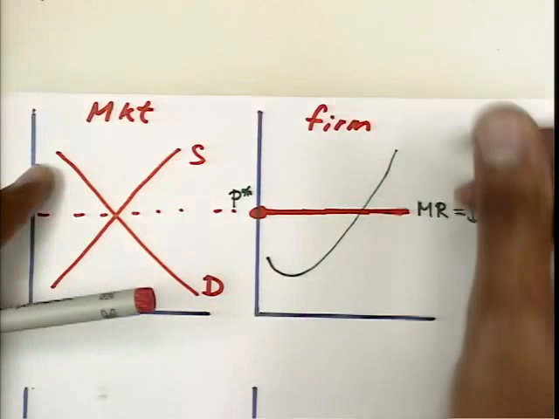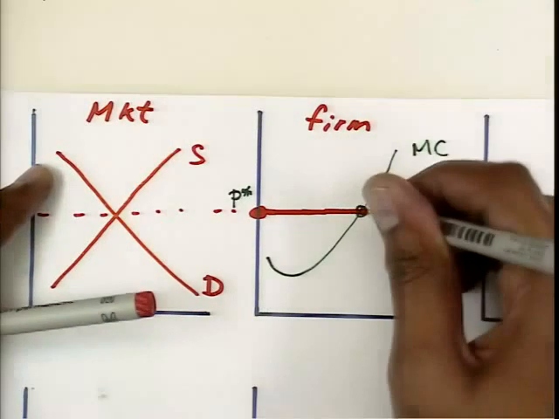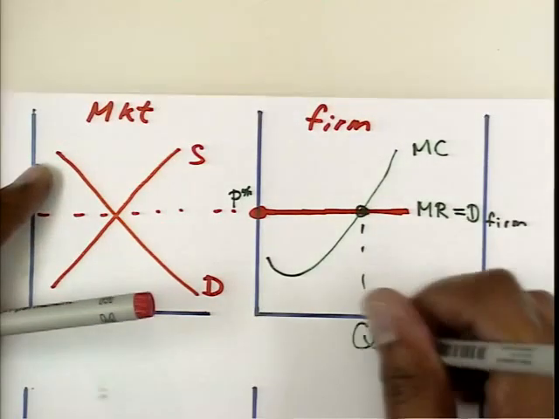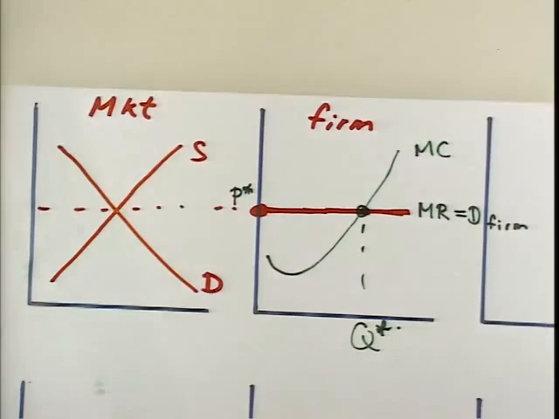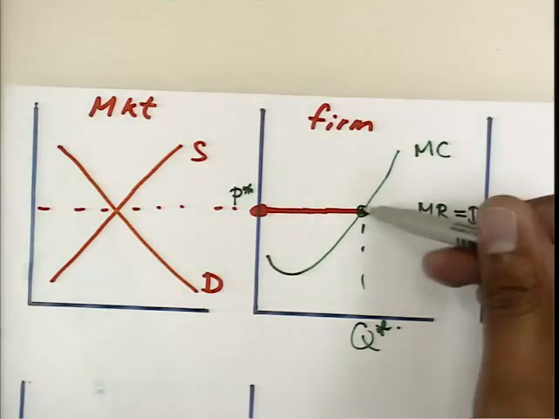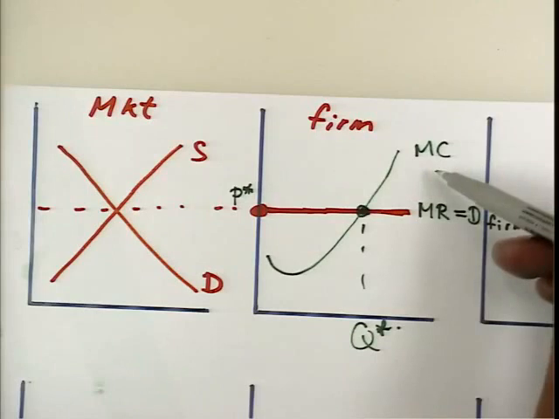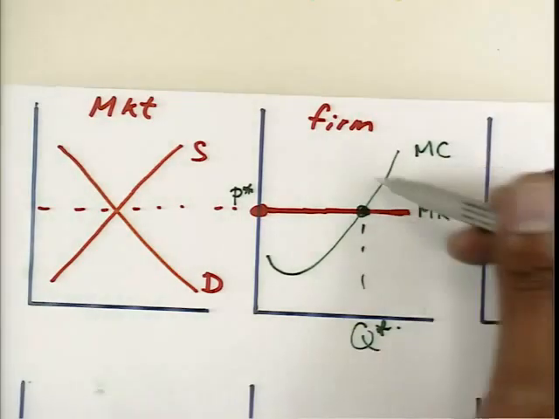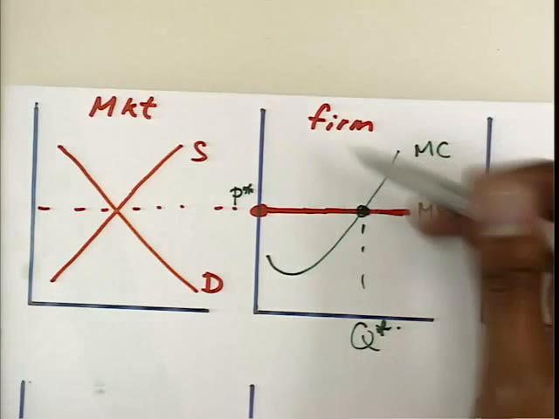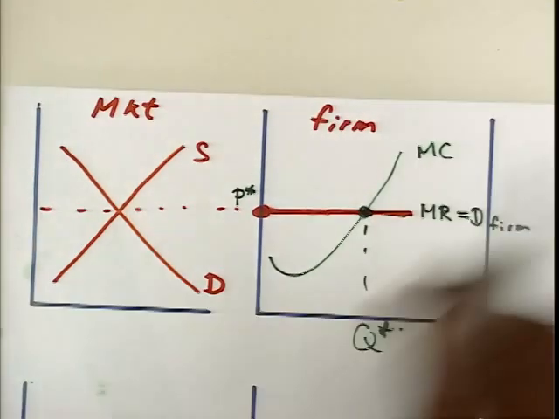MC equals MR tells you what quantity to produce to maximize profit. You draw the average cost curve in. If the average cost is below the market price, you have economic profits. If the average cost is above the market price, you have a loss.